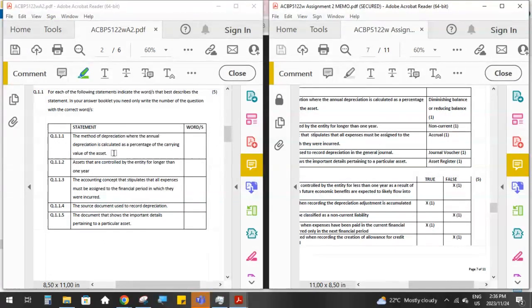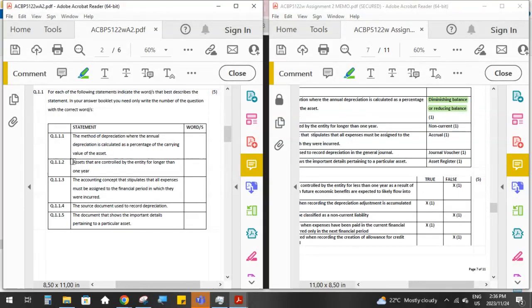That is called the straight line depreciation method. So this must be the other one, percentage of the carrying value, which means we've taken the cost and we've subtracted the accumulated depreciation to calculate what the carrying value is, and we then multiply that by whatever percentage we've been given. So that is then the diminishing balance or reducing balance method. To get that mark, that's what you had to say.